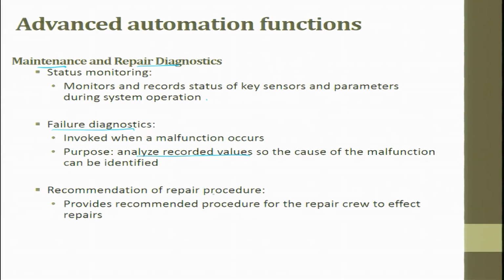Recommendation of repair procedure: once you have diagnosed, you give a recommendation. For example, if that particular sensor fails, then immediately it says please check the following items. This is what is happening today. When you go to car garage service centers, the days have changed.